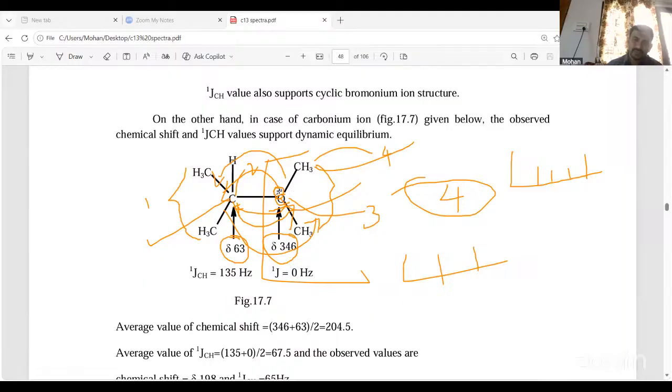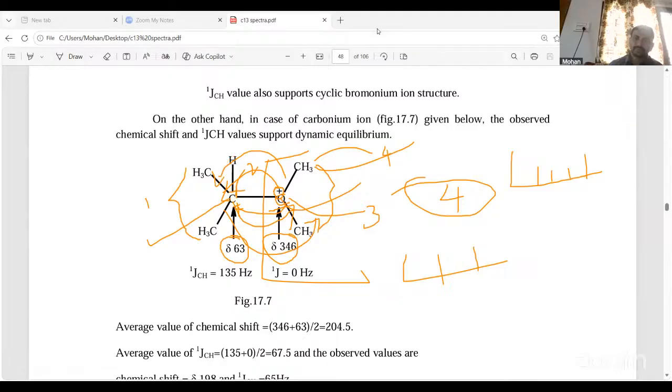Because if the positive charge is on this carbon, then again you get the same, is it? If it is present here, then you get the same here and here, right? So the charge is shifting here.